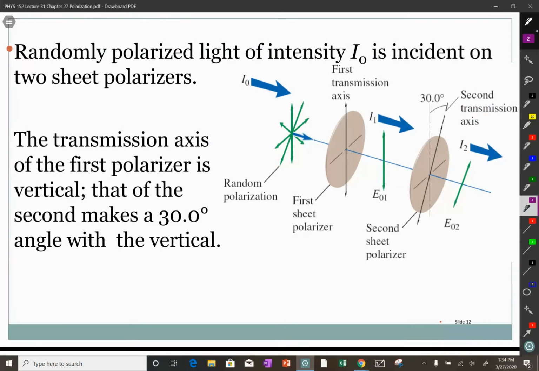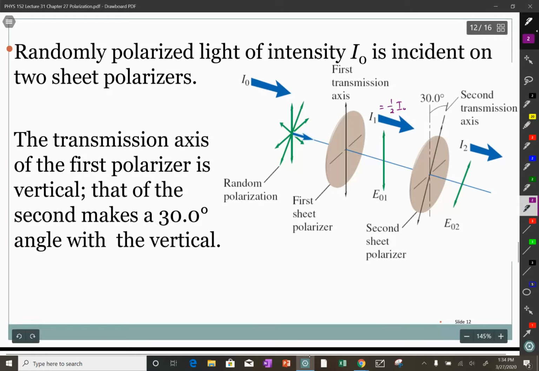So here's a problem. Randomly polarized light of intensity I0 is incident on 2 sheet polarizers. The polarization axis of the first polarizer is vertical, and that of the second makes a 30-degree angle with the vertical. Now notice my picture says E01, but we're not asked for the electric field. We're asked for the intensity. And so this is exactly the situation that we just looked at. The first polarizer cuts it to 1/2 because you went from unpolarized to polarized.